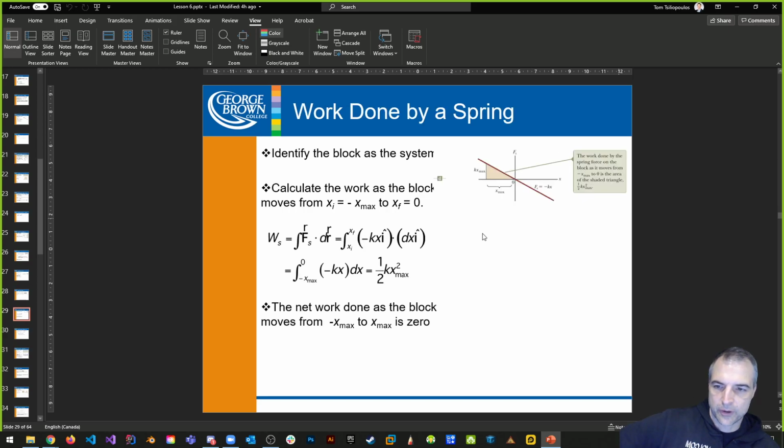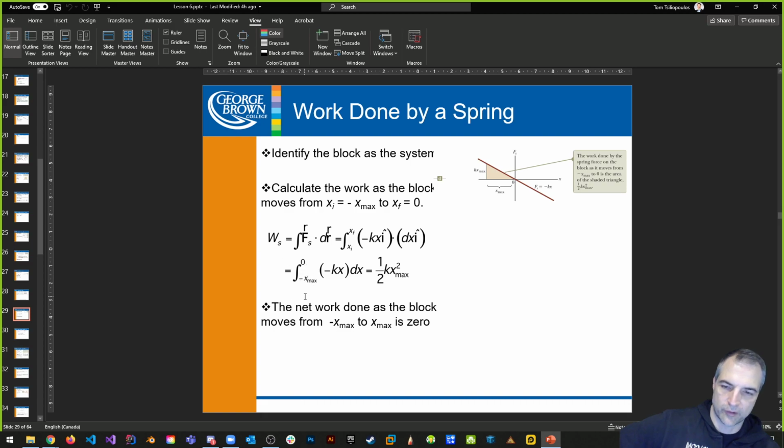So whenever we think about the work done by a spring, it's the integral between 0 and, if it's compressing, negative x max, or the other way around. Depending on where you start, if I'm compressing or elongating, negative x max to x max is what you'd substitute inside of the integral.